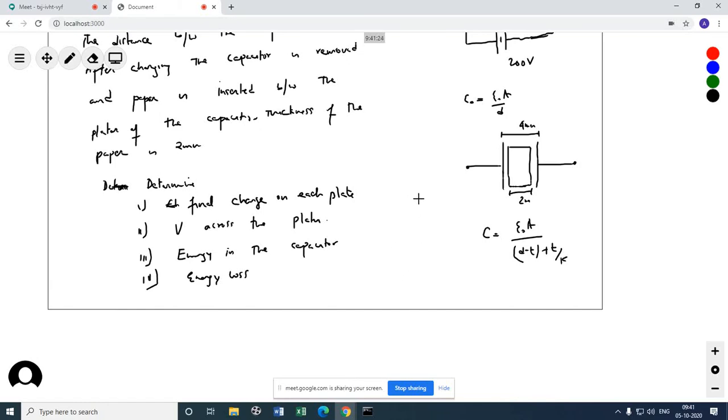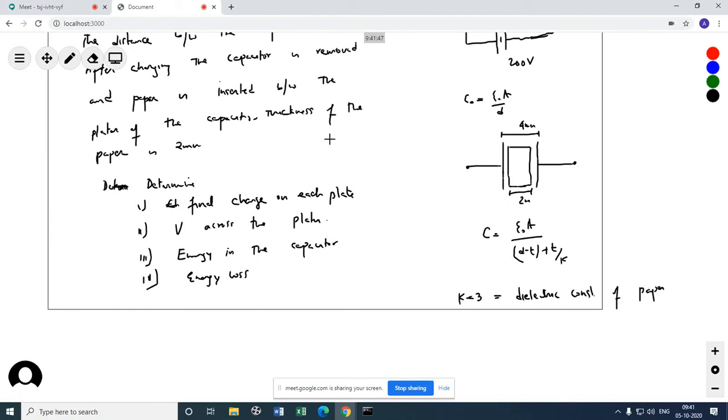Sir, it's 3. Okay, so K is 3, which is the approximate dielectric constant of paper.